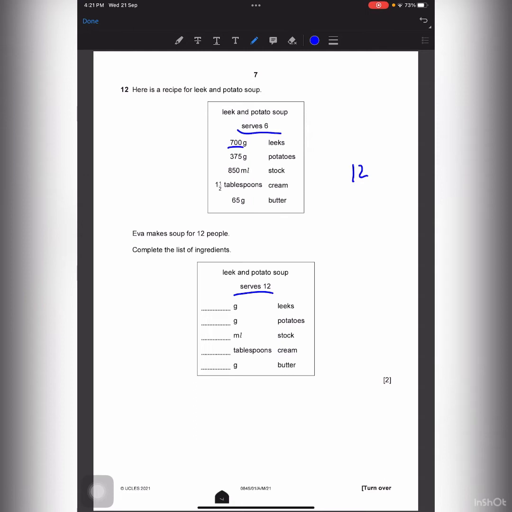So 700 plus 700 is 1,400. If you're wondering how I did that so fast, well, we all know that 7 plus 7 is 14, right? And then we just have to add the 0. So that's how I do it. So 375 plus 375.